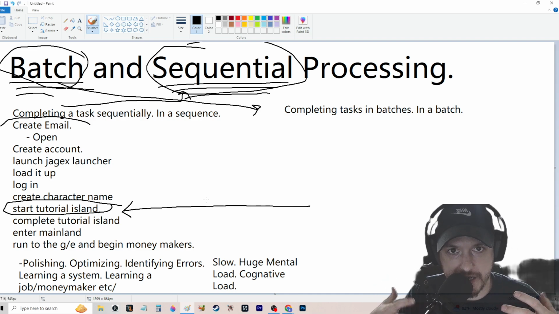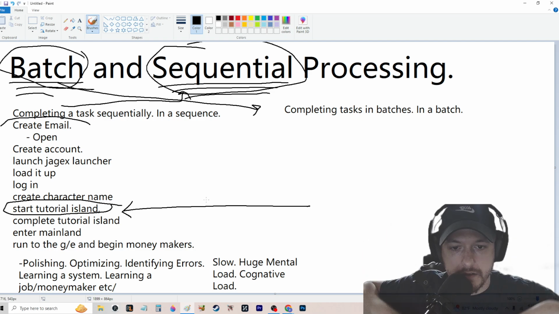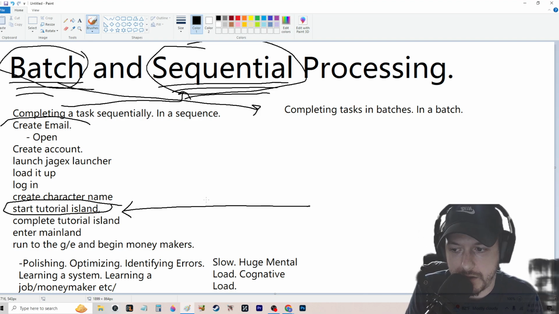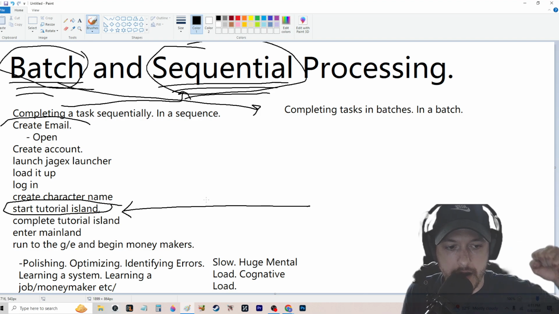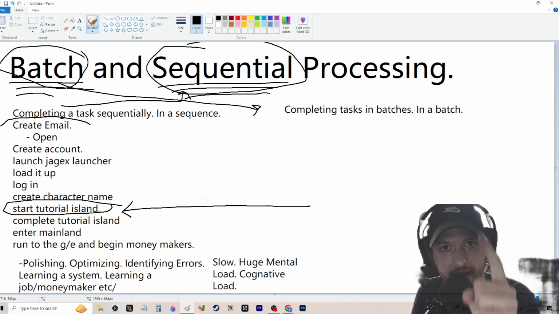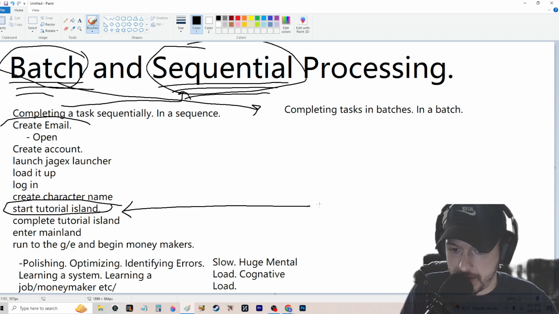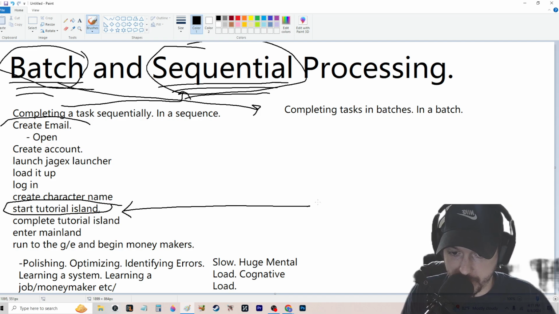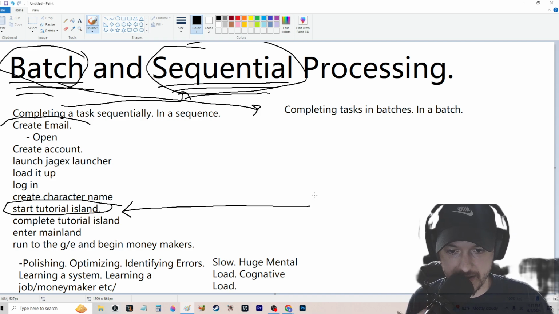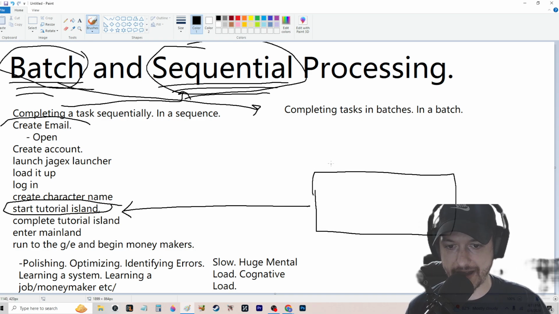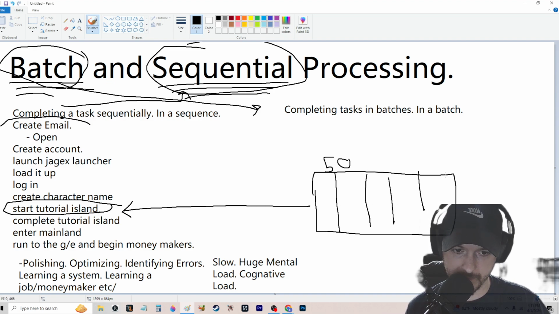Batching is taking a process and a series of tasks that you developed through sequential processing, and then taking one of those and increasing the repetitions of that one thing before moving on to the next step. Tutorial island would be a good example of this, because if you did them in batches, I'm going to do batches of 50, whatever, you know what I mean?